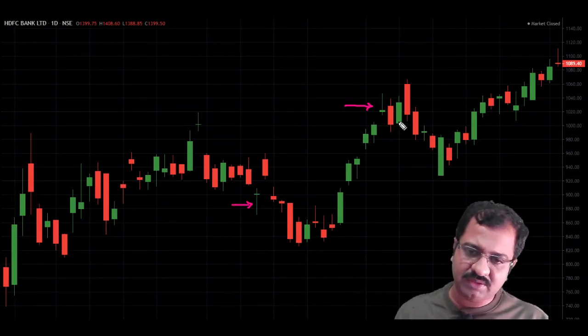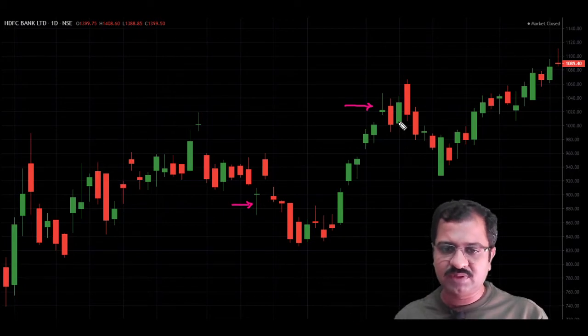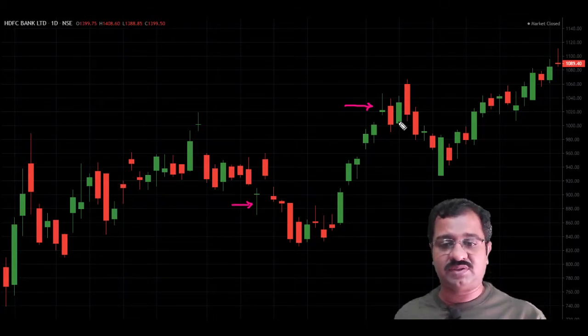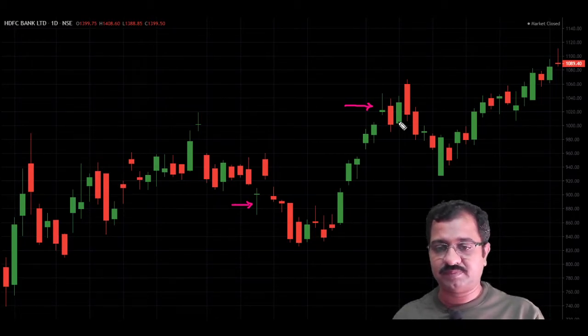Sellers again pushed it down, buyers came in and tried to push the price up, and sellers pushed down again. That is fine, but now the buyers' efforts are visible, so buyers will increase their efforts from this point of time.